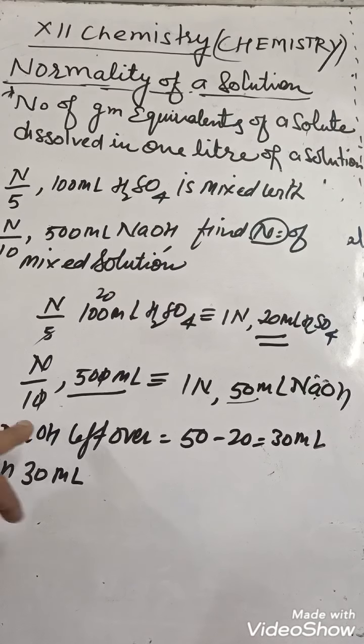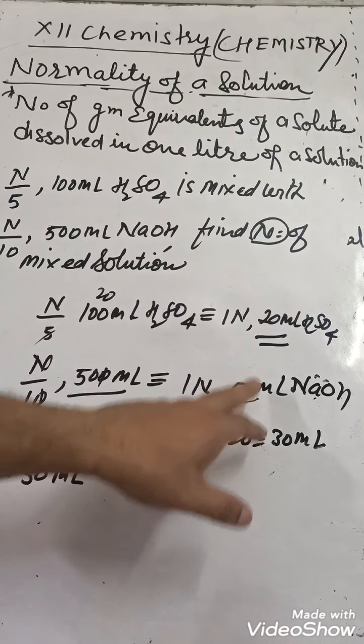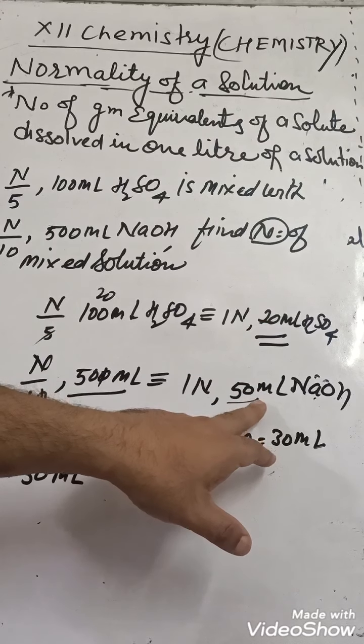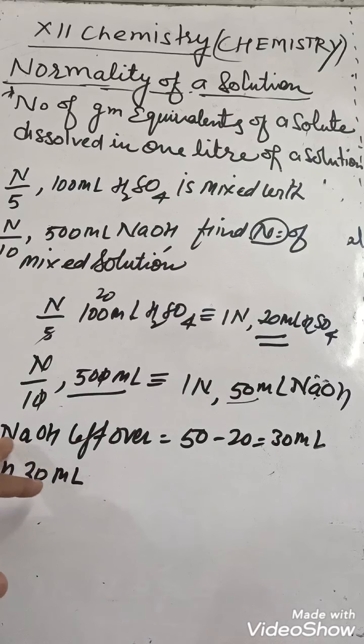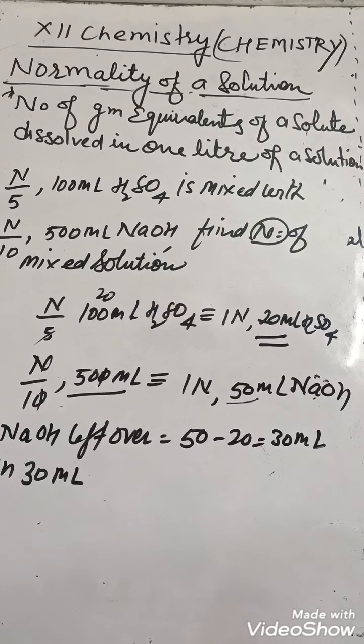Again, try to understand. NaOH left over is 50 minus 20, because 20 ml H2SO4 will neutralize 20 ml NaOH. So 30 ml NaOH will be left in the solution.